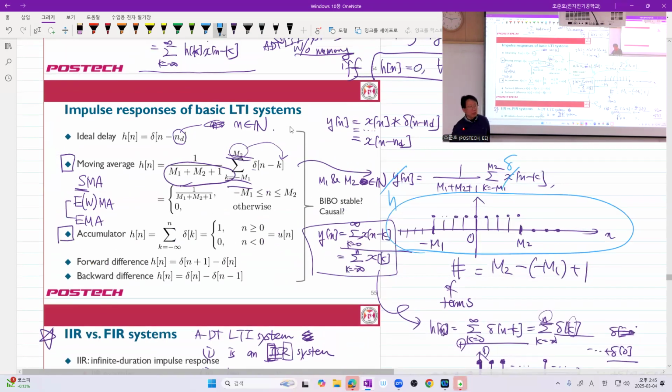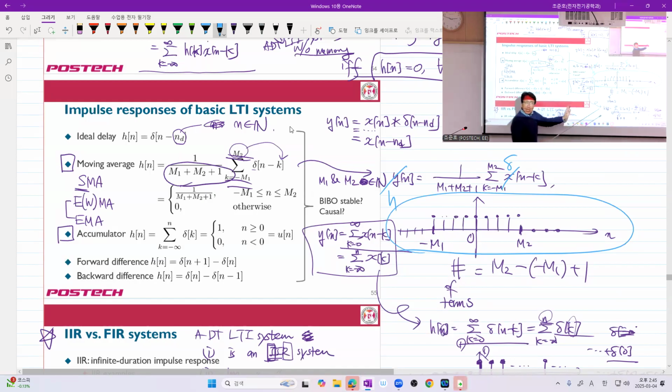What is the support of this impulse response as a function from Z to R? The support is n equals negative m1, negative m1 plus 1, dot, dot, dot, up to m2.